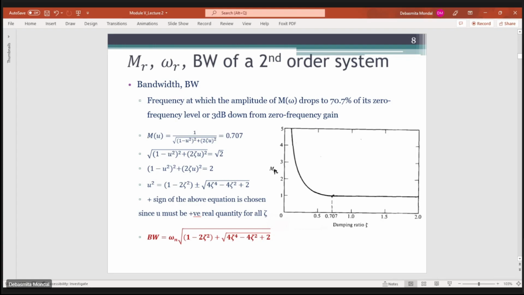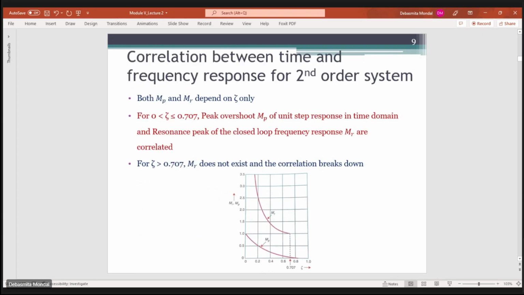Does anyone have any doubt? Okay. So if zeta is equal to 0, the value of MR is going to be infinite.